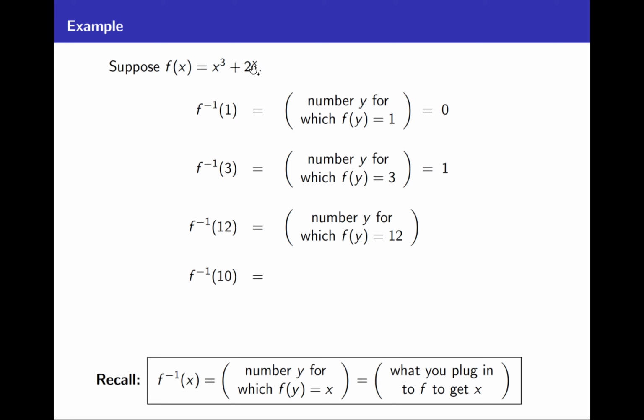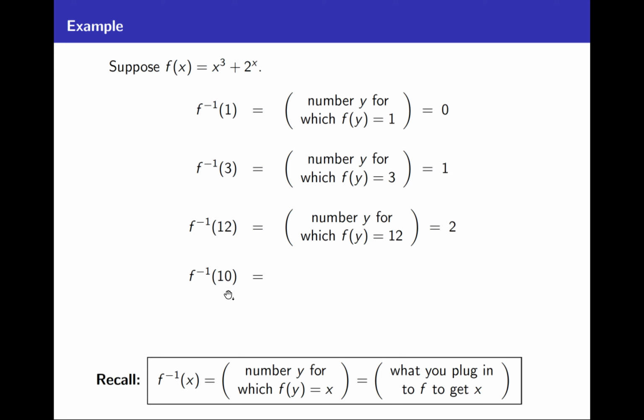That's 8 plus 4, and that's 12. So if we plug in 2 for x, for f of 2, we get 12 out. So f inverse of 12 is 2. It's the number which, if you plugged it into f, you'd get 12. So these are pretty easy to figure out.